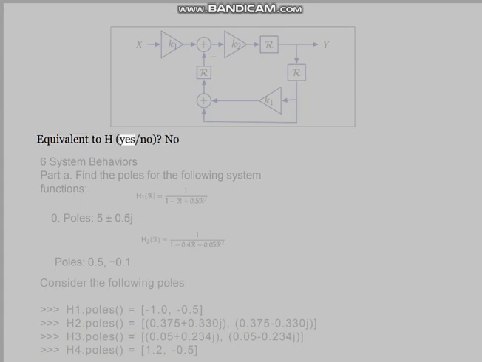Equivalent to H, yes/no? 6 System behaviors. Part A. Find the poles for the following system functions. Poles: 0.5 plus or minus 0.5j. Poles: 0.5, -0.1. Consider the following poles.